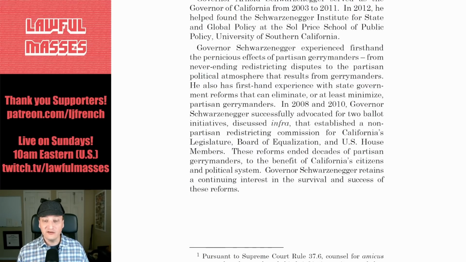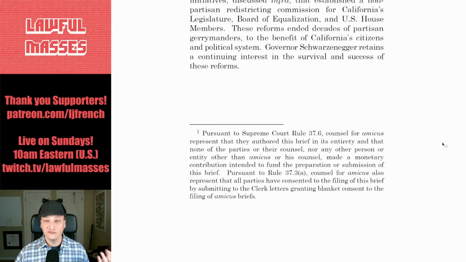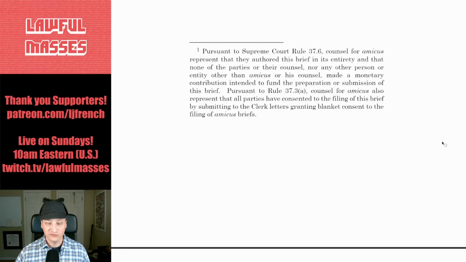In 2008 and 10, Governor Schwarzenegger successfully advocated for two ballot initiatives discussed below that established a nonpartisan redistricting commission for California's legislature, Board of Equalization, and U.S. House members. These reforms ended decades of partisan gerrymanders to the benefit of California citizens and political system. Governor Schwarzenegger retains a continuing interest in the survival and success of these reforms.